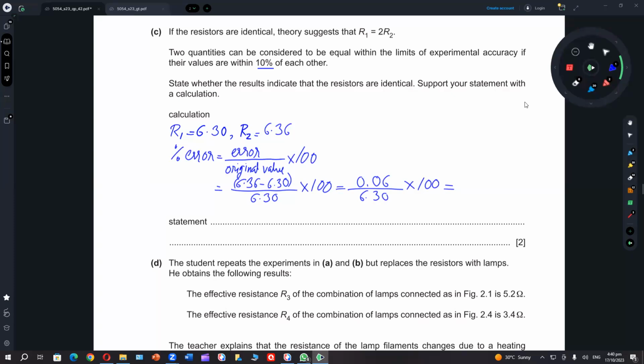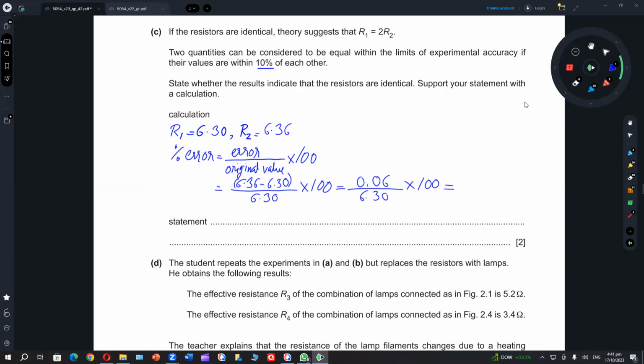How come 6.36 minus 6.30? Yes, it's 0.95? I don't understand. Try to type the numbers carefully. 6.36 minus 6.30 I got 0.06 and then I divided by 6.3. It's 0.52. I'm not getting how it can be 0.5.